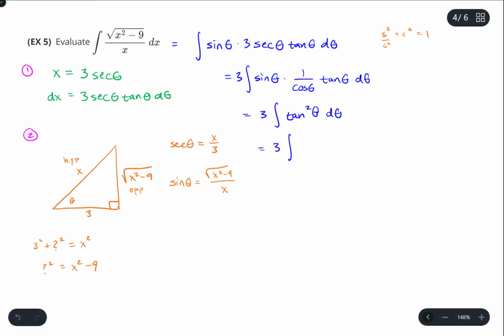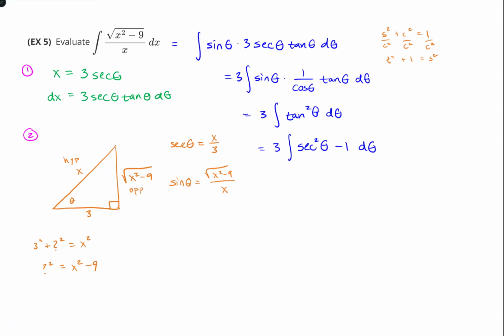If I divide everything through by cosine squared, then I have tangent squared plus 1 equals secant squared. All right, so tangent squared would be then secant squared theta minus 1 d theta. And that's nice because secant squared is actually an integral formula that we know. 1 can be integrated pretty easily.